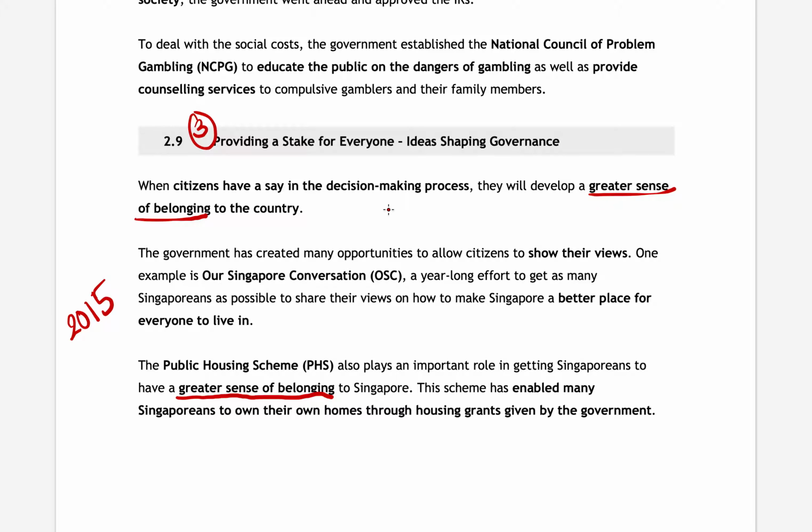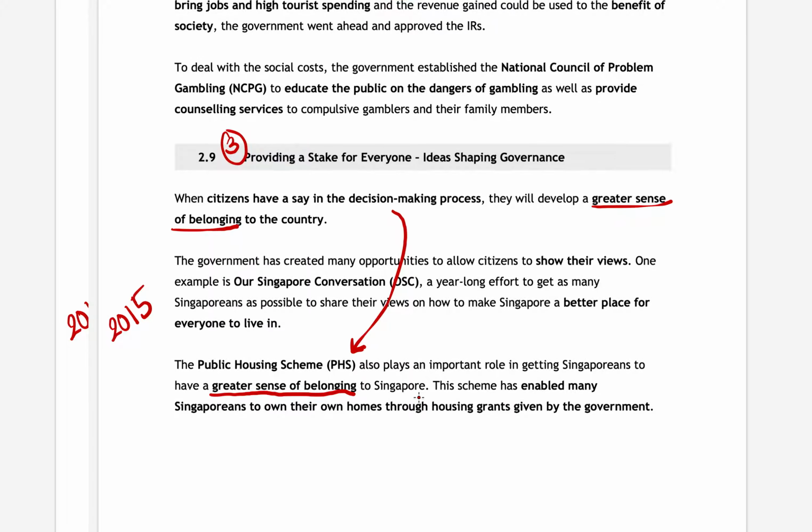This is still a say in decision making, because now that we give people the opportunity to own houses, this directly influences any policy that will affect the building of HDB flats, when it comes to affordability of these HDB flats, especially with less and less land that Singapore has. Probably HDB flats are going to increase in price. So perhaps when you grow older, HDB flats will become quite expensive, I would suppose lah. Okay, yeah, so that's providing a stake for everyone.